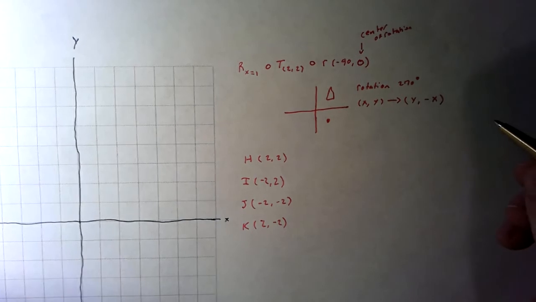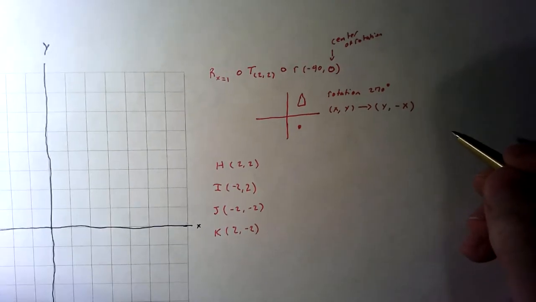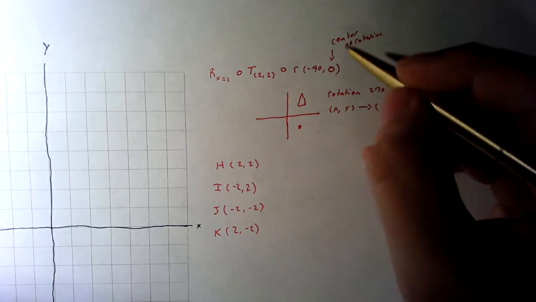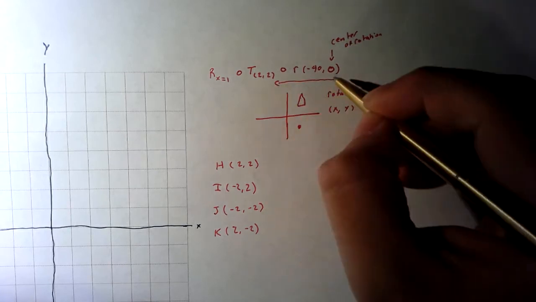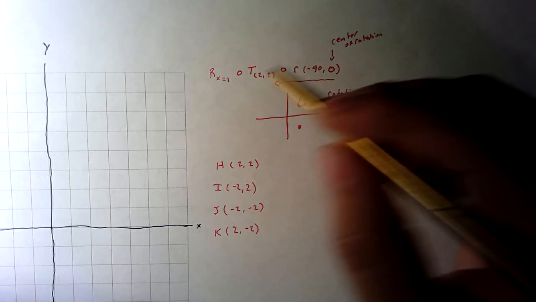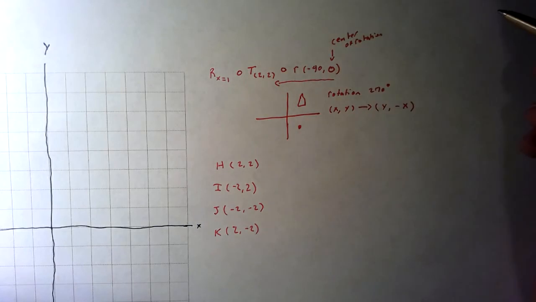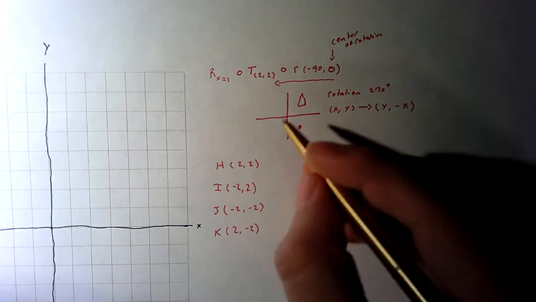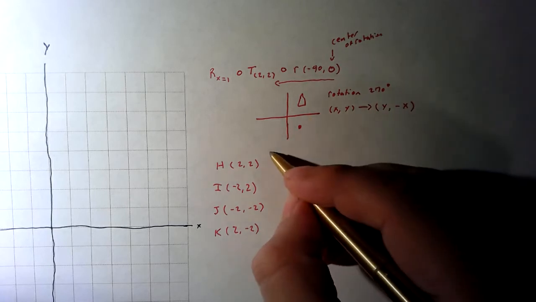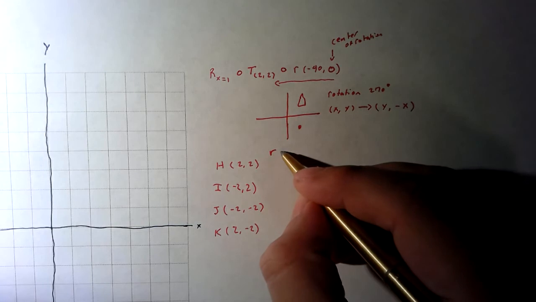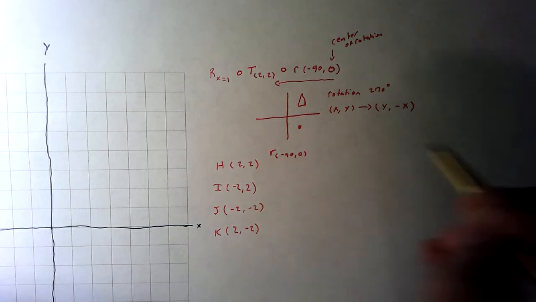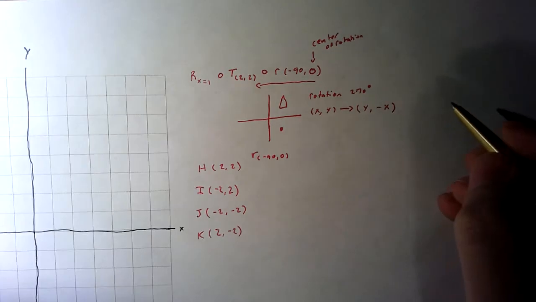Alright, we're going to apply our first transformation. Remember, when we're dealing with compositions, we read them from right to left. So we start with the one on the right and then move leftward. I'm going to start with the rotation of negative 90 about the origin.